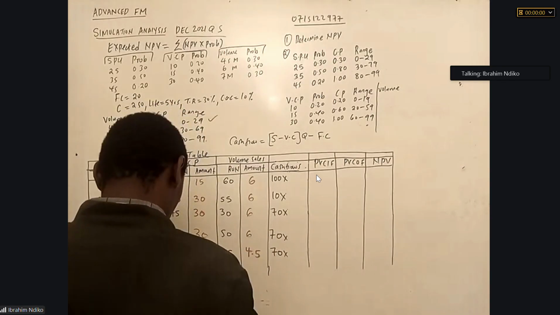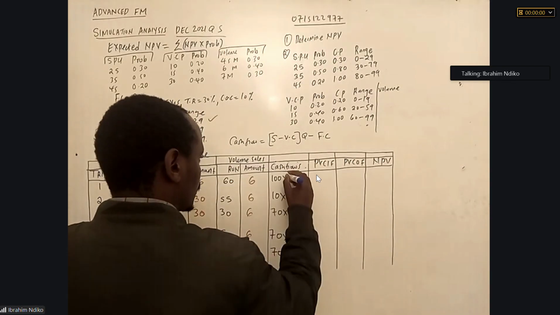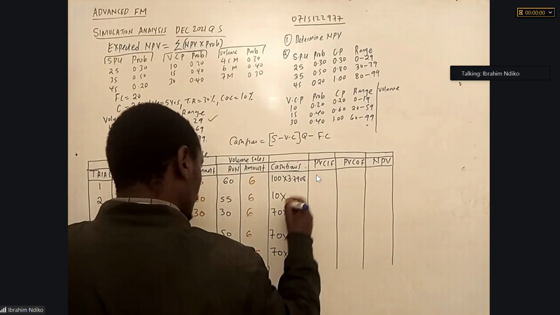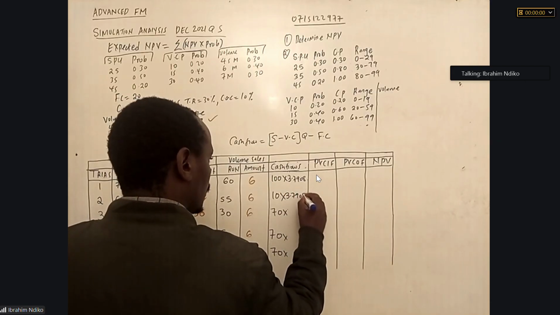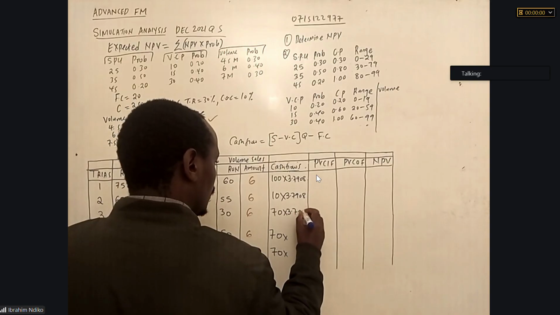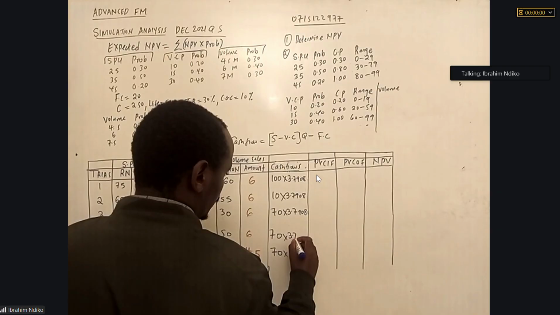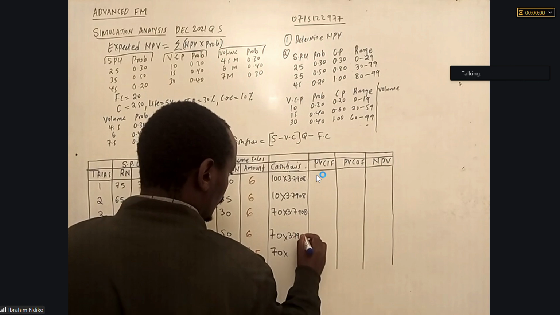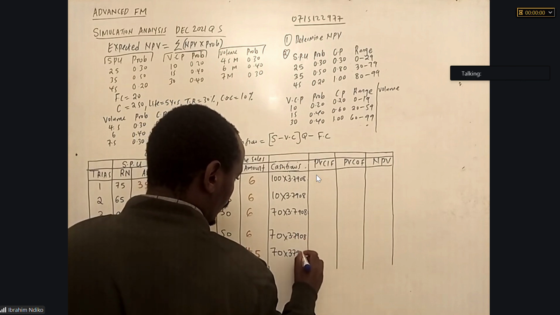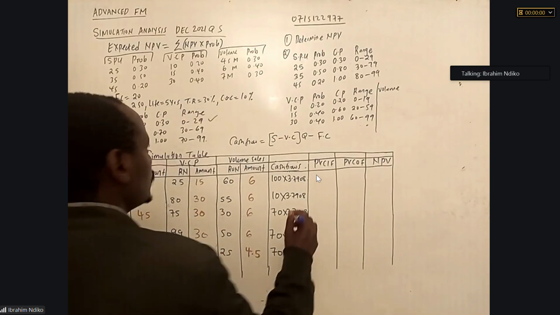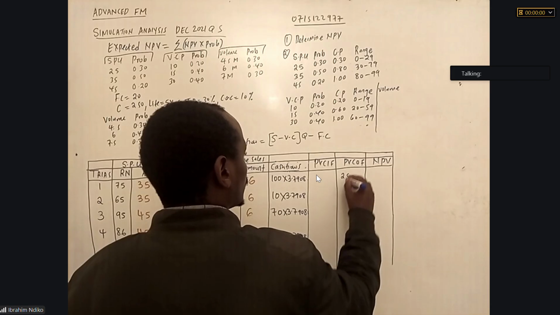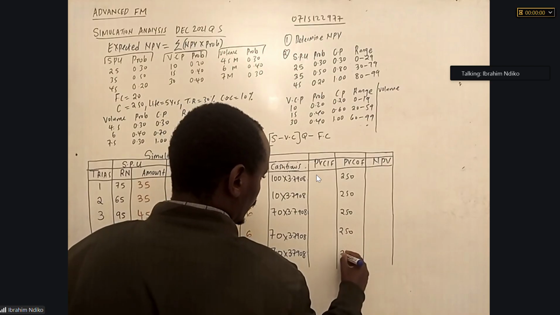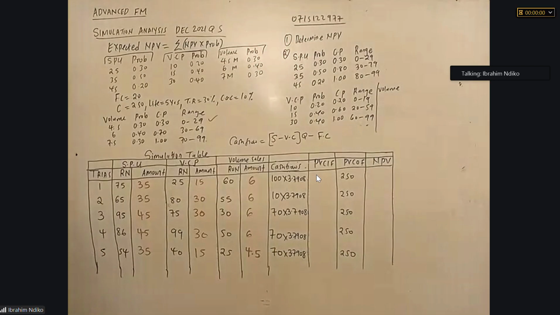Mimi David nimefanya swali lingine pia. 3.7908. Haya. Cost ilikuwa tu 250, sivyo? Hiyo itabaki hivyo. Inakuja ngapi?